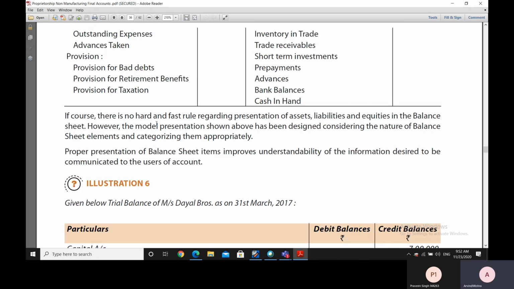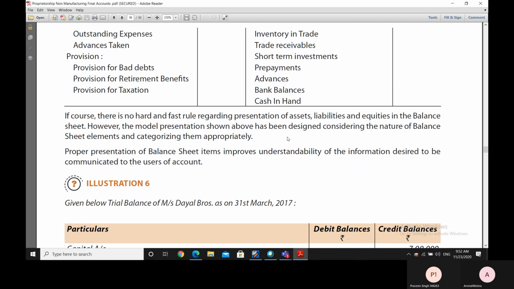Of course, for the presentation of assets, liabilities, and equities, there is no hard and fast rule. It's not mandatorily prescribed, except in the Companies Act. For companies, it has been prescribed. However, for others, it is a model presentation which has been designed considering the nature of the elements of the balance sheet, and in order to categorize them appropriately, it is being done here.